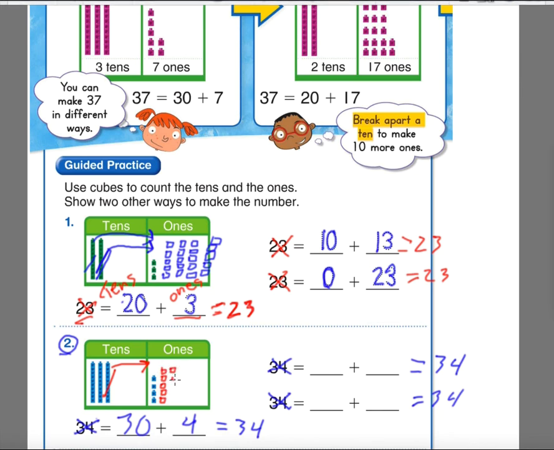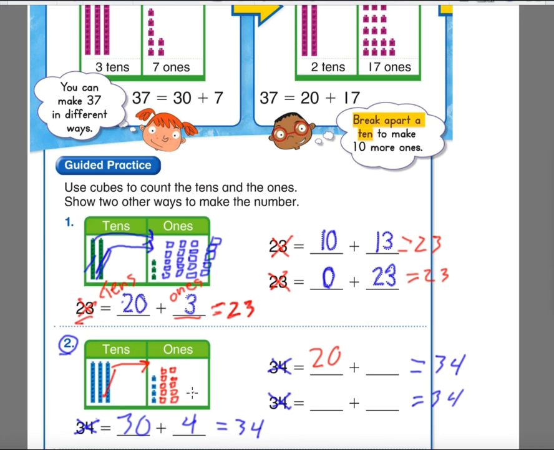Now, it doesn't have to be perfect. We all know how many are there. So how many 10 rods do we have now? We have 10, 20. So we have a total of 20 for our tens. And then how many ones do we have? We have 10 more, so we have 14.